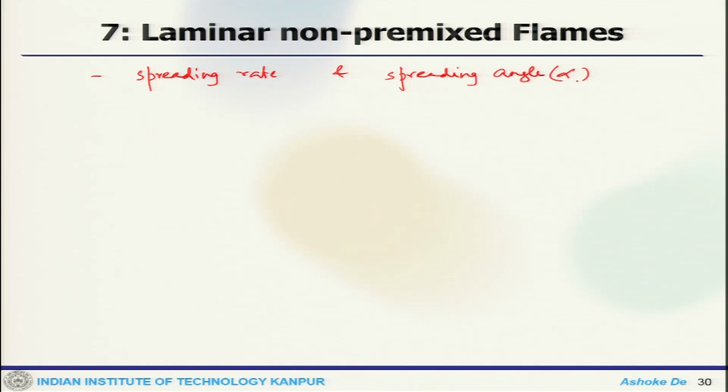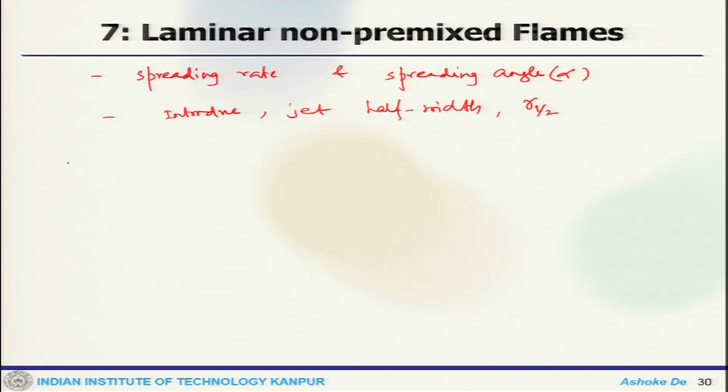So, these are two more important parameters which are often used to characterize the jet spreading. Also we can introduce the jet half width, which is R half.